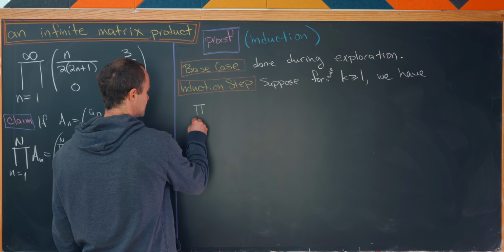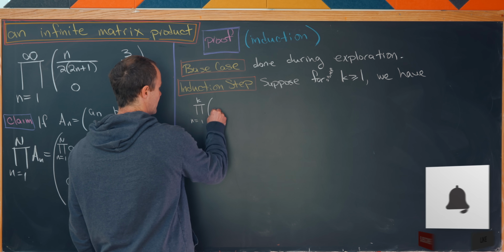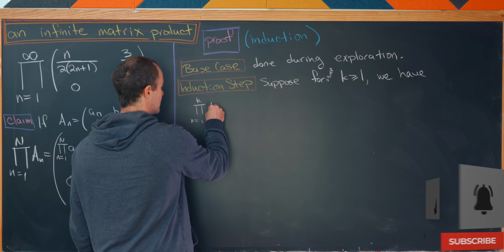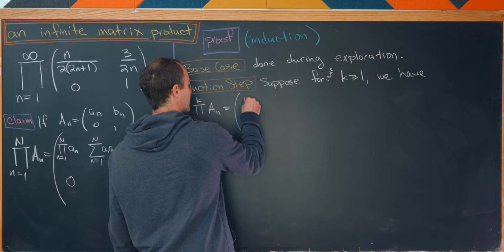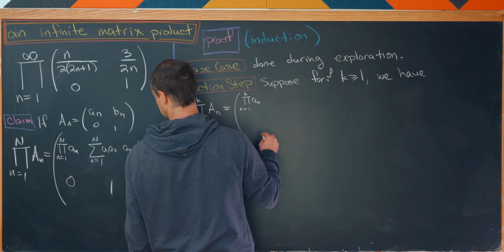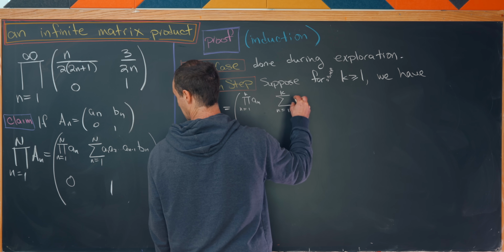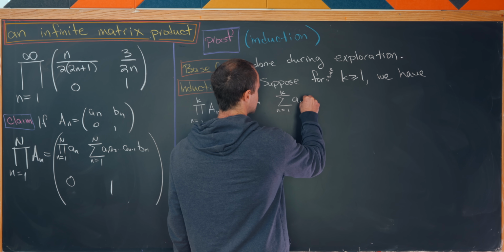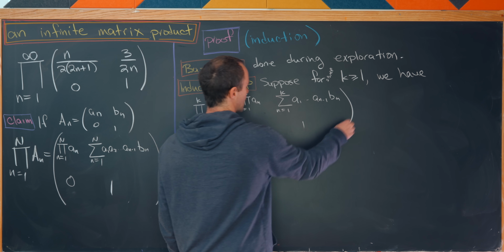We have the product as little n goes from 1 to k of a sub n is equal to this matrix where in the upper left we have the product as little n goes from 1 to k of a sub n, and then we have the sum as n goes from 1 to k of our product a1 up to a n minus 1, and then b n, and then 0, 1.